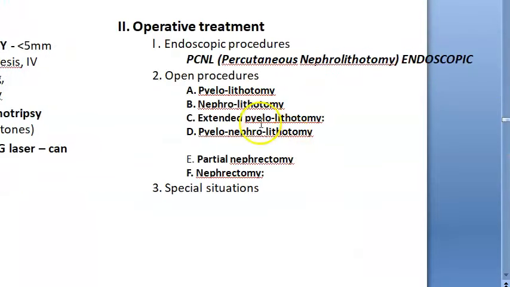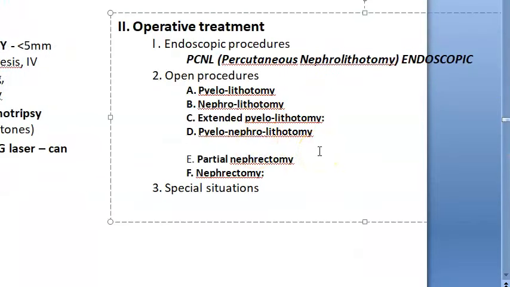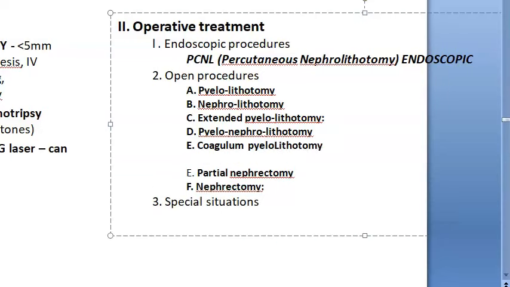So let's just add some things here. Coagulum pyelo-lithotomy. This is that bubblegum kind of a thing.